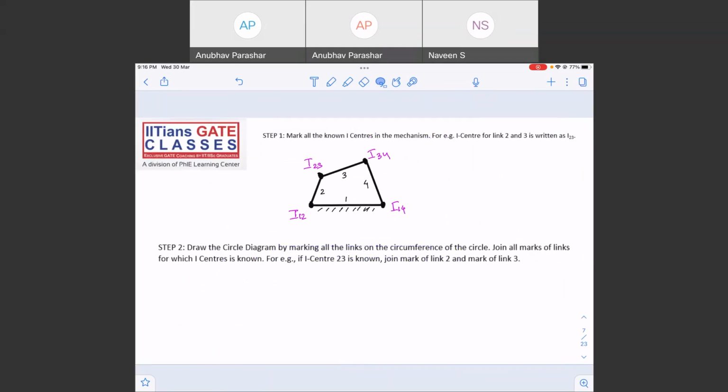For that, we will draw a circle diagram. This is a very easy diagram.